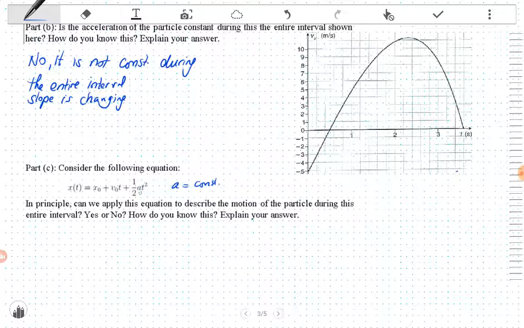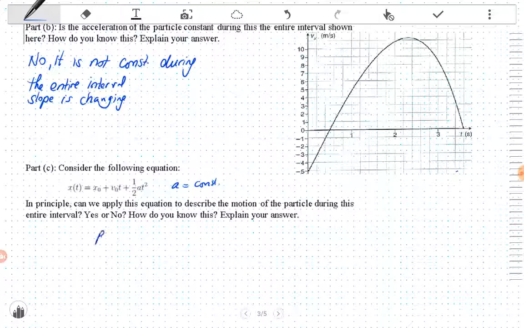When you use this equation, you plug in a number for a. You put 10, you put 5, so you put in only one number. But here, what number are you going to use? The acceleration here is positive and here it is negative. These are different numbers. So since, as we explained in part B, the acceleration is not constant, how can you use this one? No, we cannot use this equation.